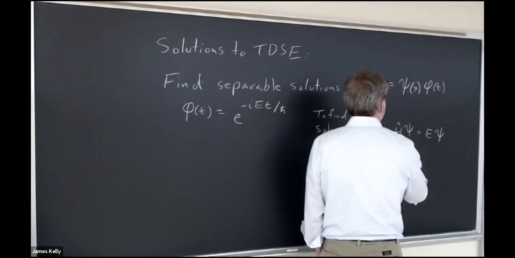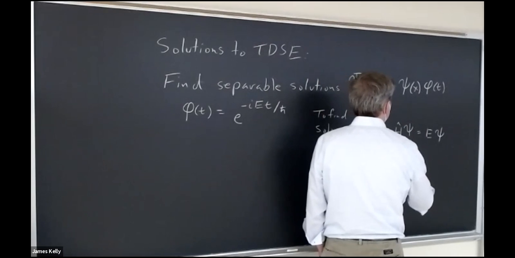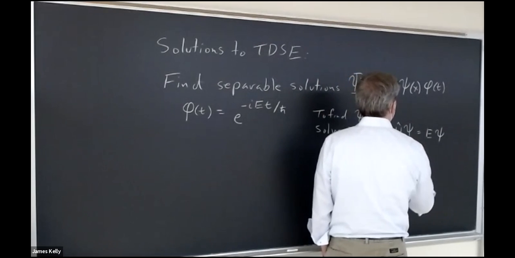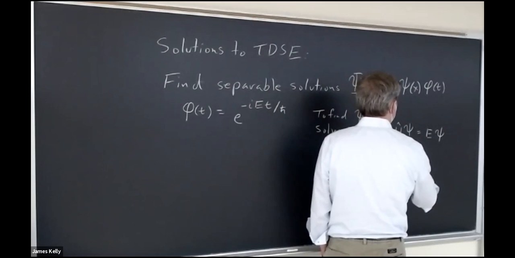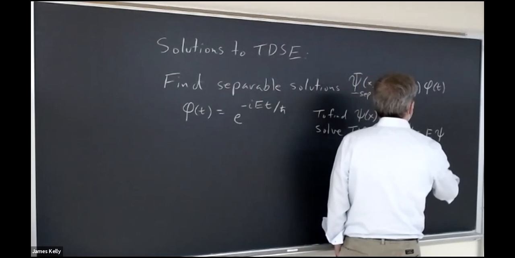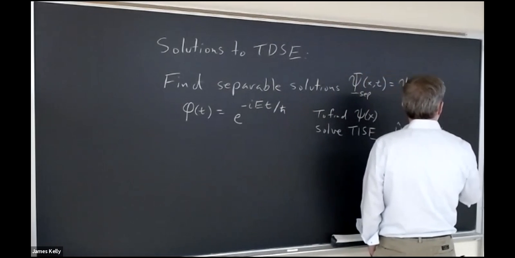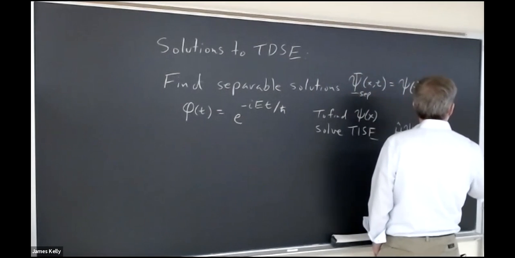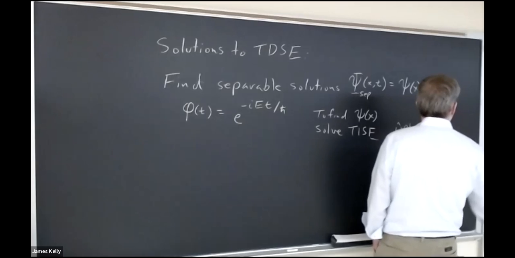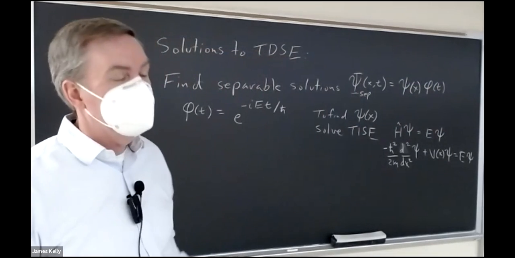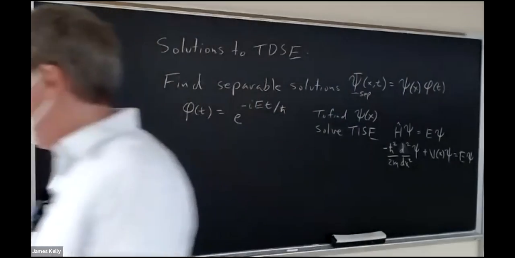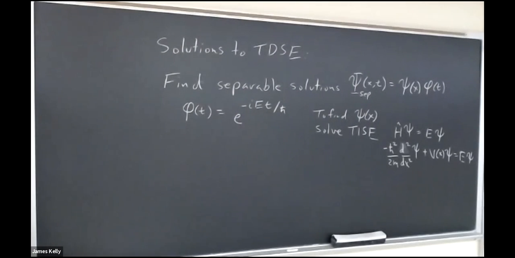So that looks like minus h bar squared over 2m d squared, well, it's an ordinary derivative now because things are only a function of x, psi plus V of x times psi equals E times psi. That's a differential equation, and we've got to find solutions to the differential equation, and that's what we're about to start doing a lot of in chapter 2.